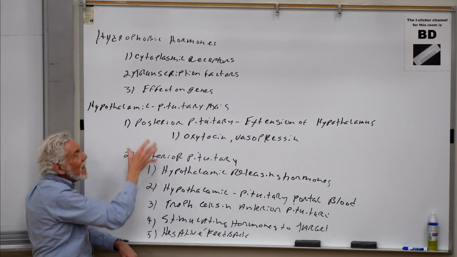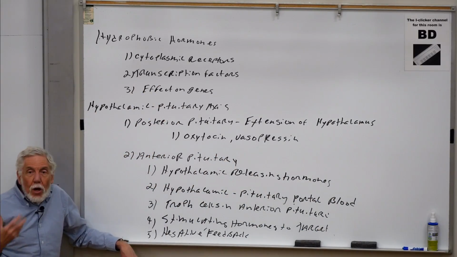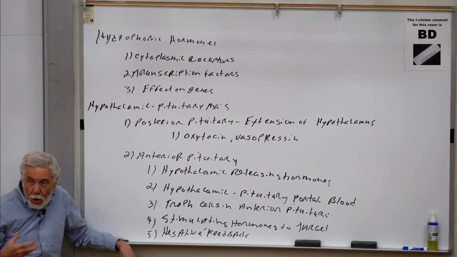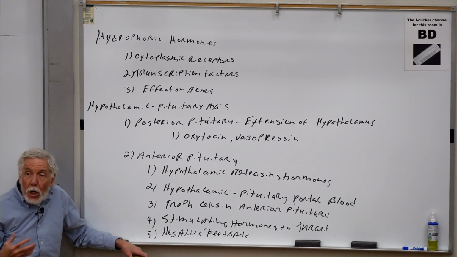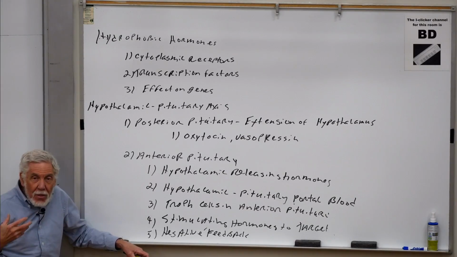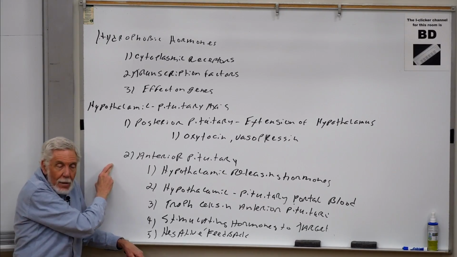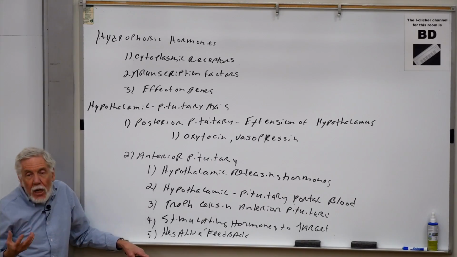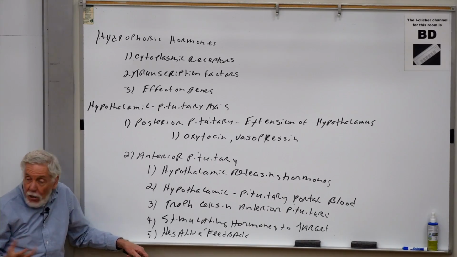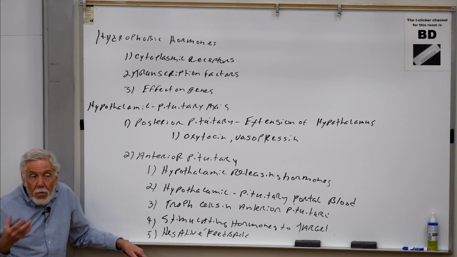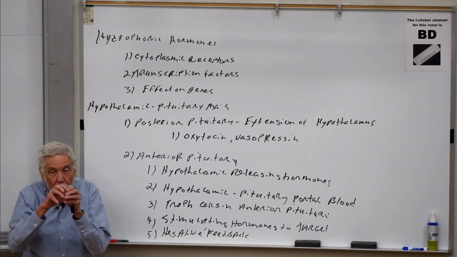But the major idea here is going to be to contrast the structure of the posterior pituitary and the anterior pituitary. The posterior pituitary is an extension of the hypothalamus, but the anterior pituitary originates in another way. The anterior pituitary originates as epithelial cells in the pharynx during development. And there are a group of these epithelial cells which then bud off.